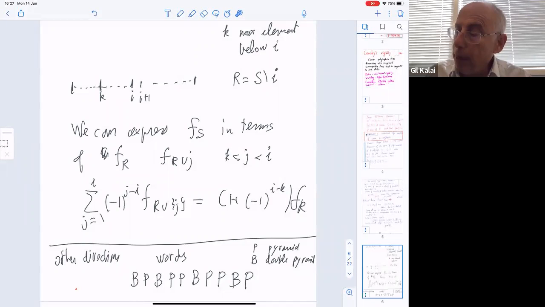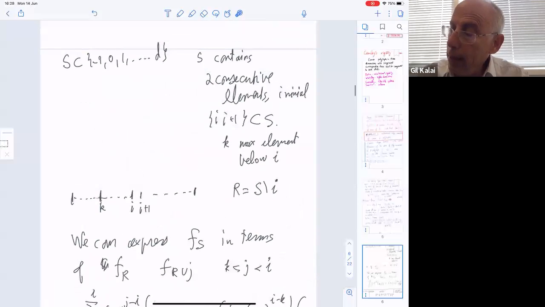And this gives us an expression of F_S in terms of smaller flag numbers. So the conclusion is that whenever we have a flag number with two consecutive elements, we can express it as a linear combination of flag numbers with smaller indices, say in terms of the sum of the indices.